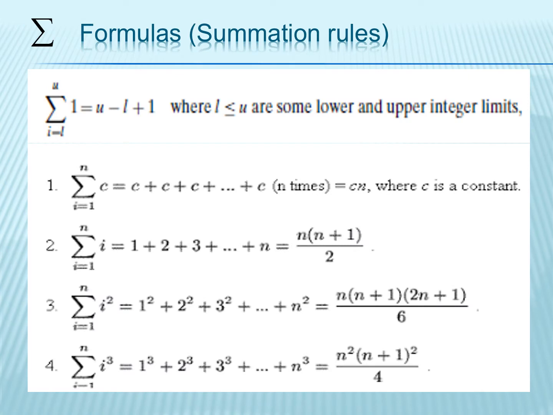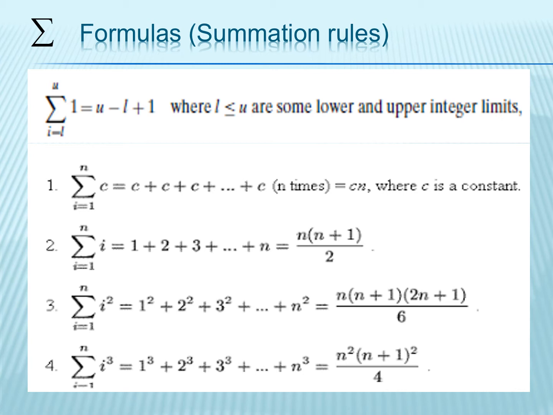A few summation formulas that are helpful in calculating the time units of execution of a given algorithm are given here. The most generalized one is the summation i from L to U of 1.